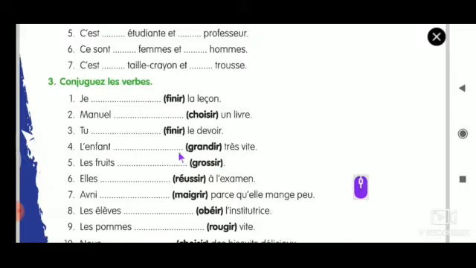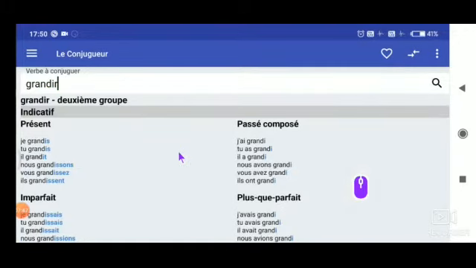Those who have said it correctly, clap for yourself. T is the right answer. See the conjugation here. Il grandit. Je grandis, tu grandis, il grandit, nous grandissons, vous grandissez, ils grandissent. So the answer is il grandit.